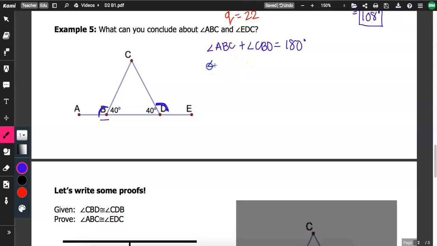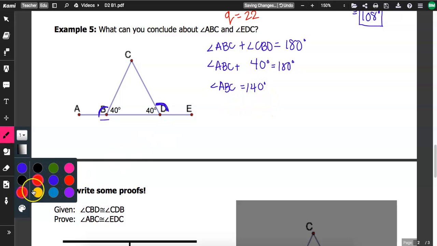But I know the measure of CBD, it's 40. So I can solve there, meaning angle ABC equals 140. I can do the same thing on the other side.